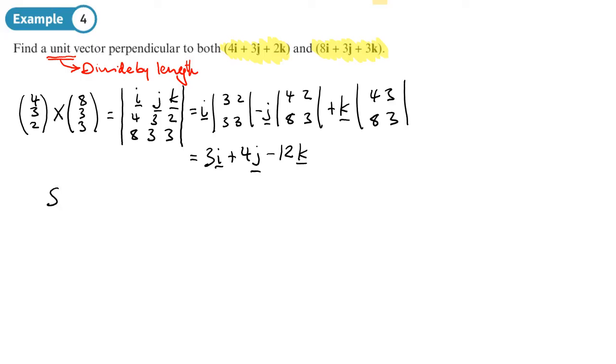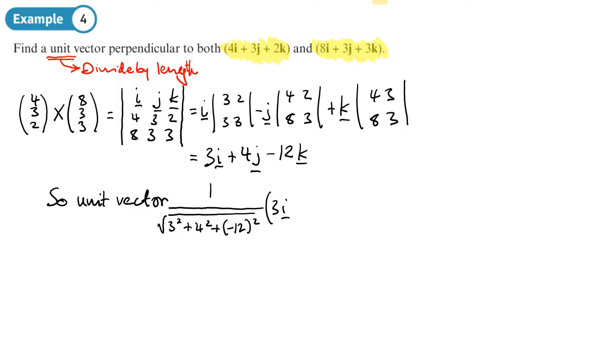Okay, so a unit vector is basically where we're going to take this vector and divide it by its length. So 1 over the square root of 3 squared plus 4 squared plus minus 12 squared, of this vector 3i plus 4j minus 12k.